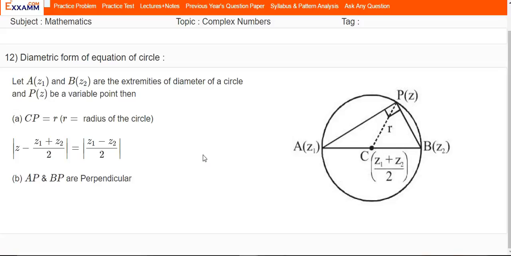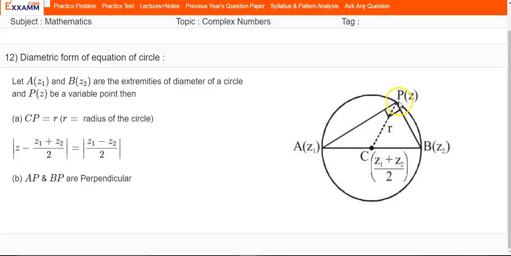Now another thing is, what we know, AP and PB are perpendicular to each other. Since they are perpendicular, the sum of their complex slopes would be equal to 0. Again, I would like to remind students that in case of perpendicular lines, the multiplication of complex slopes is not equal to -1, but if the slopes are say omega 1 and omega 2, where omega 1 and omega 2 are complex numbers representing the slope, then omega 1 plus omega 2 is equal to 0.